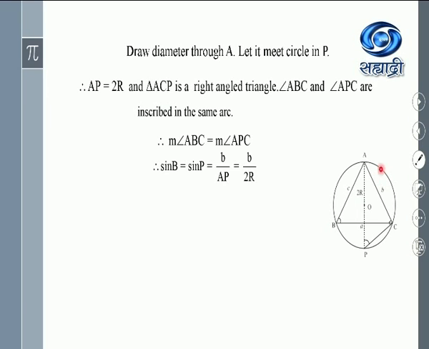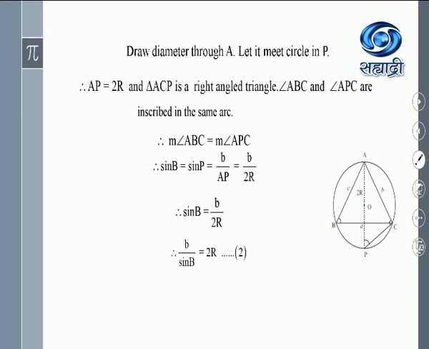Opposite side, this is B, upon hypotenuse, that is AP. But what is AP? AP is equal to 2R. Therefore, we write sine B is equal to B upon 2R, which is same as sine P. So, we have sine B is equal to B upon 2R.